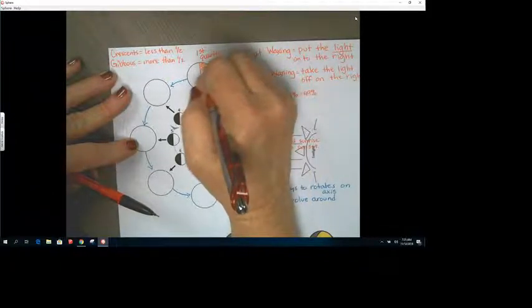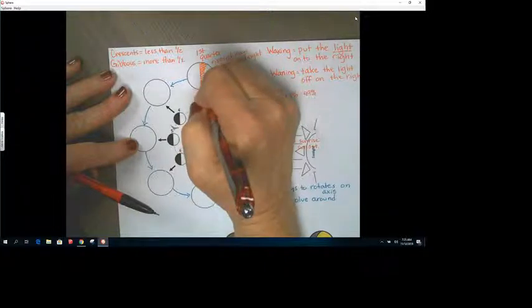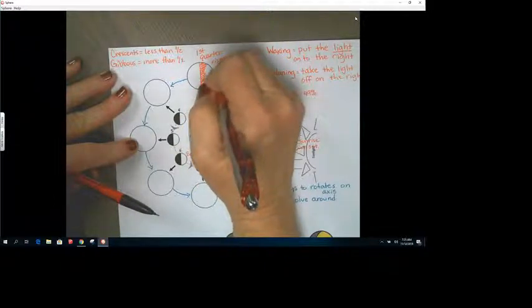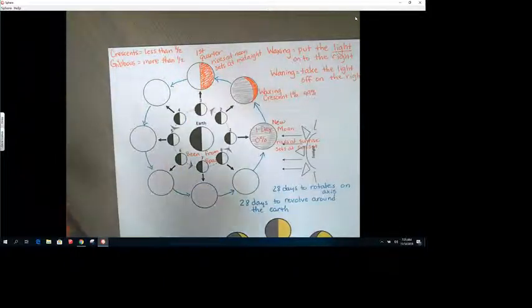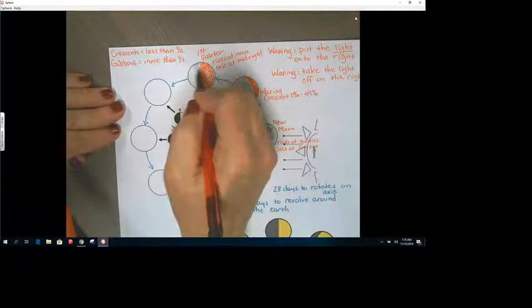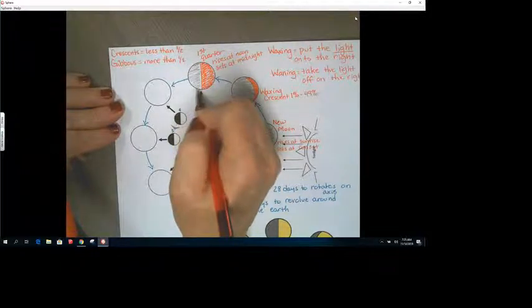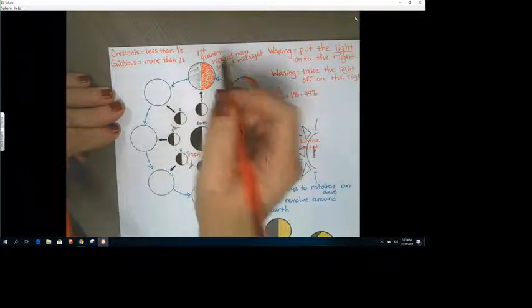And remember, the light is on the right. And then we have it shaded over here, dark. Okay.